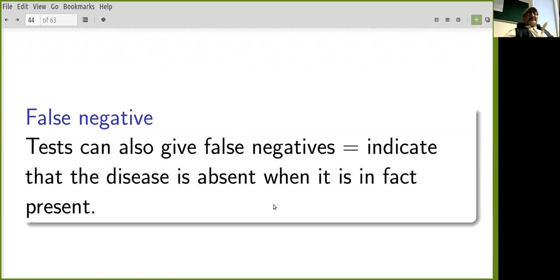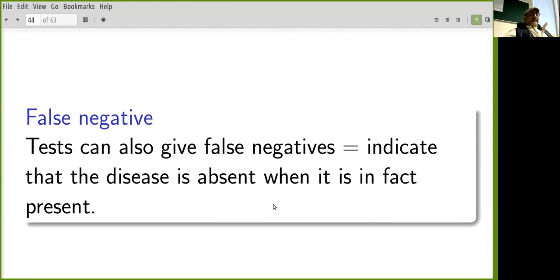Tests can also unfortunately give false negatives. A negative result means that the test says that you don't have the disease. So you can get a false negative, and that is the test indicates that you don't have the disease when in fact you unfortunately do have the disease. Okay, so that result is called a false negative, right?